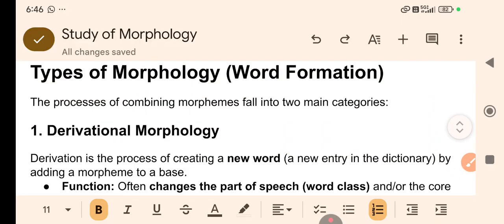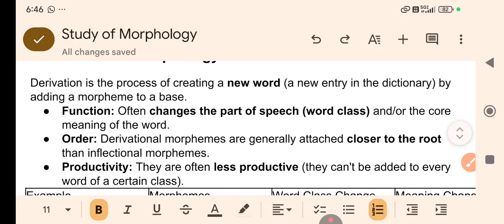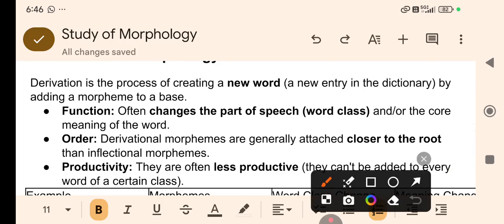Derivational morphology: as the name suggests, derivation is the process of creating a new word, a new entry in the dictionary, by adding a morpheme to a base, right?